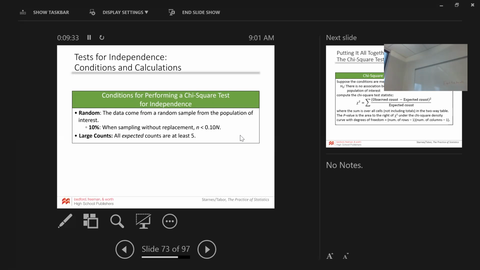It's not the data you're given. It's the matrix that you run on the calculator, matrix B. All of those have to be greater than 5. What if they're not greater than 5? You didn't meet the condition. You still keep going. You make a note, that condition not met, which means you couldn't generalize that beyond your sample. You still keep going.